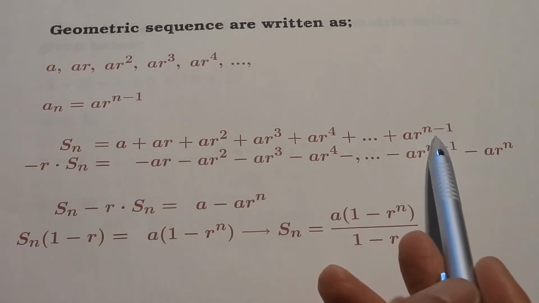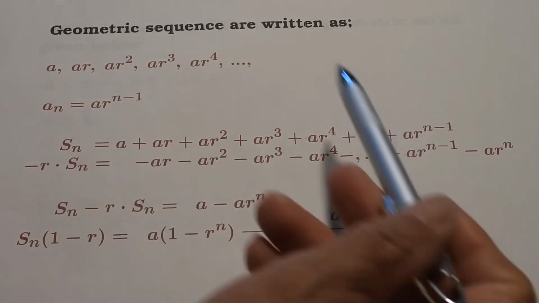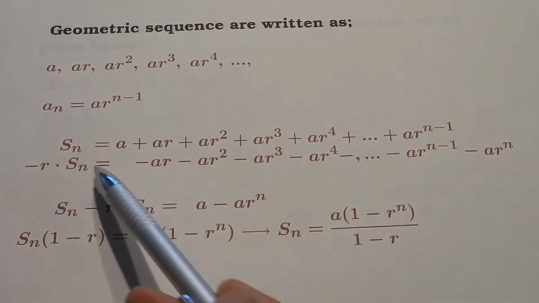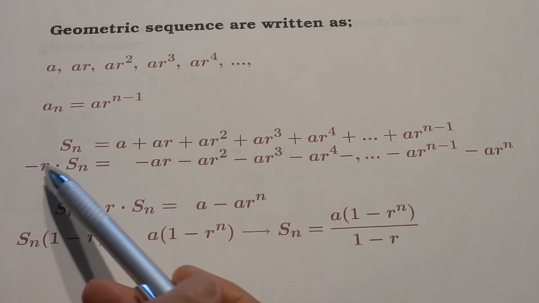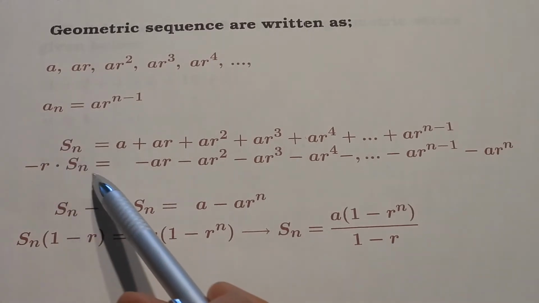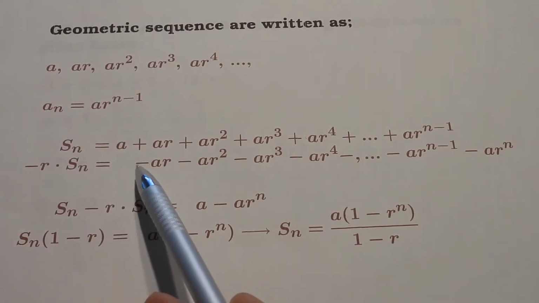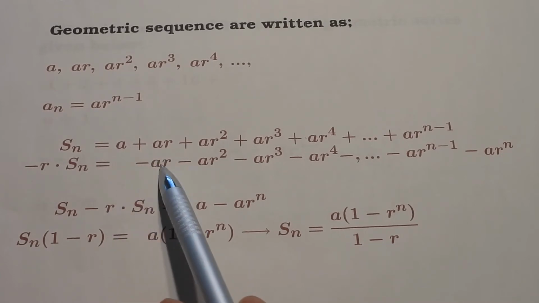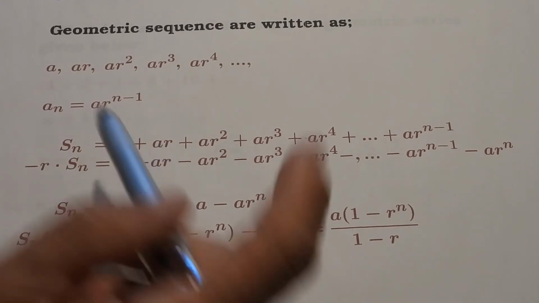To derive a formula, we multiply each side by negative r, and then we write it at the bottom. So negative r times S sub n equals a times negative r, which is negative ar, and then we write it one step behind. Then actually it comes out the same here. That is the main purpose.